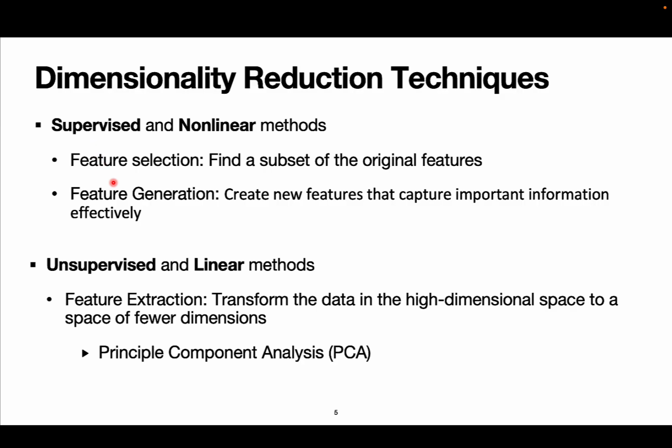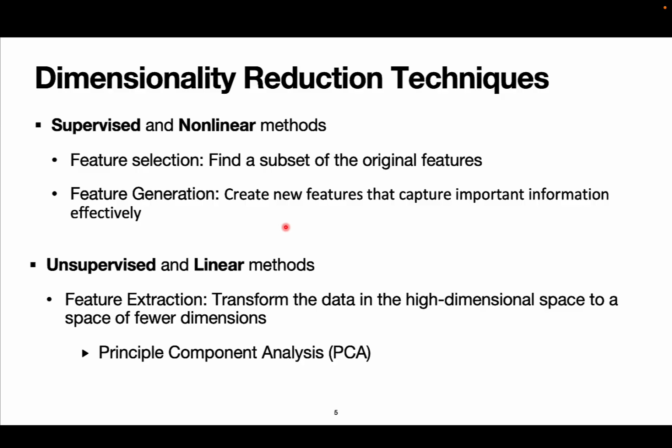For feature selection, we try to condense the total number of features by selecting a subset that is representative of the overall features. And for feature generation, we leverage all the domain information and existing features to create new features that capture most of the information.